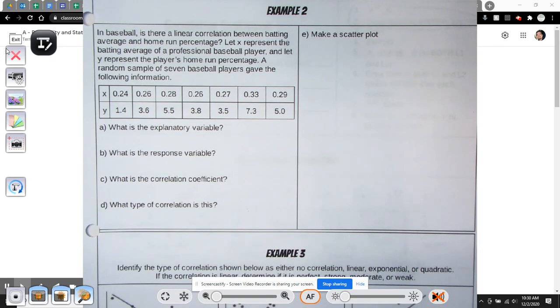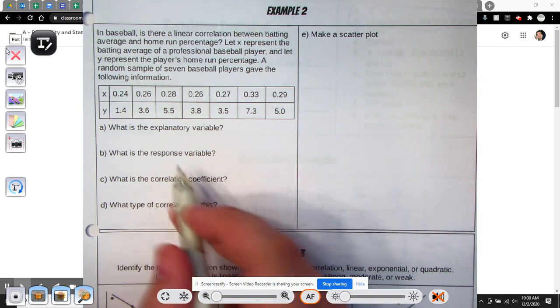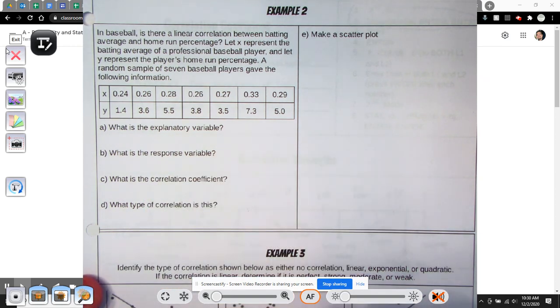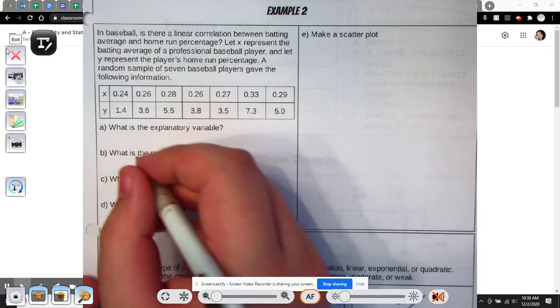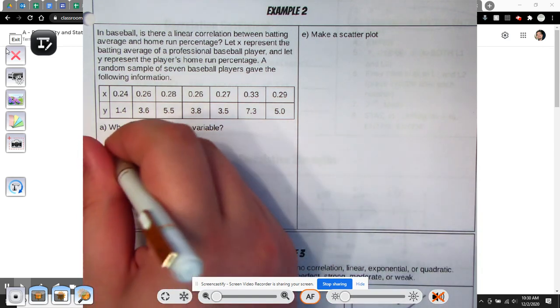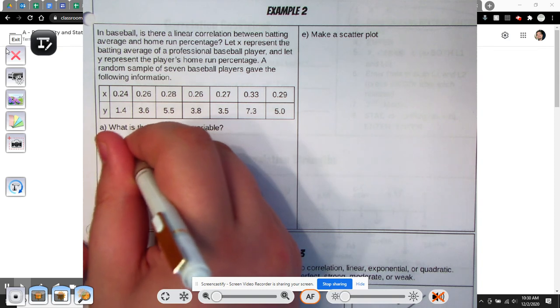Example 2. In baseball, is there a linear correlation between batting average and home run percentage? Let X represent the batting average of a professional baseball player, and let Y represent the player's home run percentage. A random sample of 7 baseball players gave the following information. So once again, our explanatory variable is our X, which in this case is batting average.